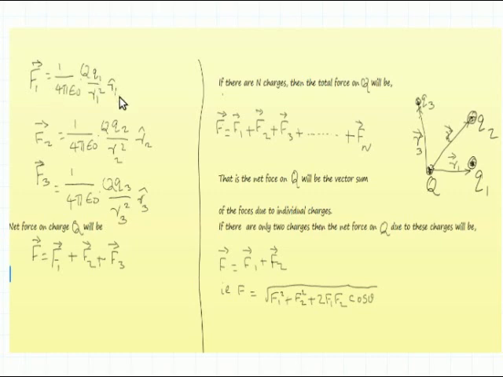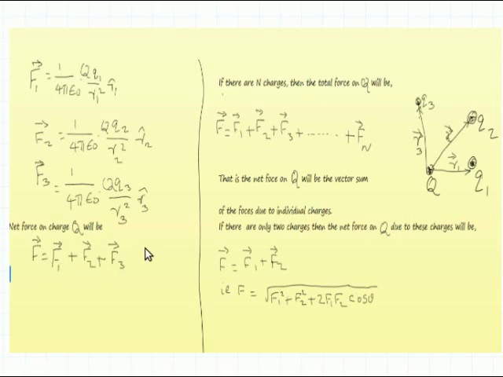Therefore, on the RHS you are multiplying this equation with a unit vector to make this RHS a vector. Then what is the net force acting on the charge q? You can see that it is vector F1 plus vector F2 plus vector F3. So this is not a simple algebraic addition, but it is a vector addition.